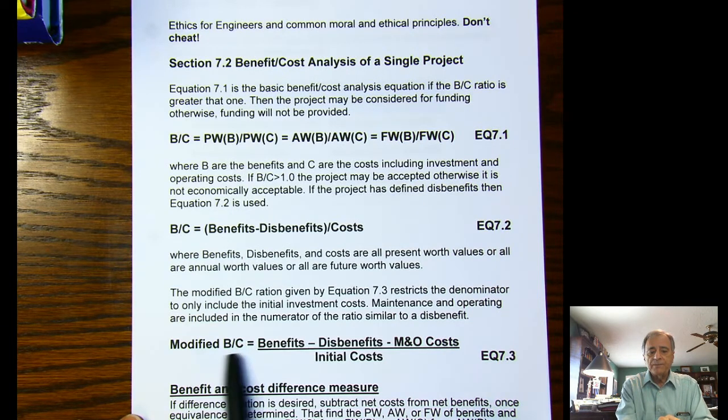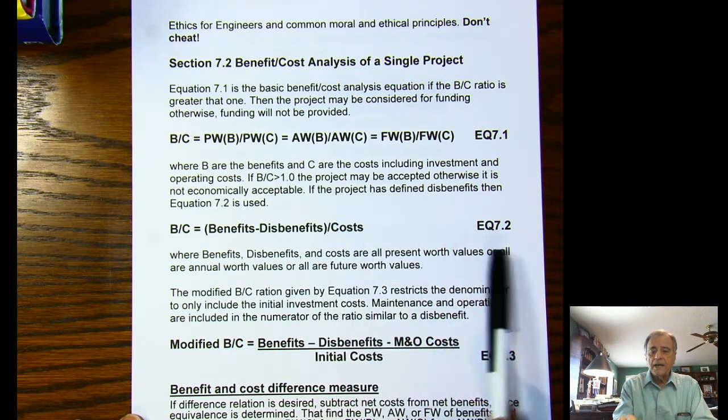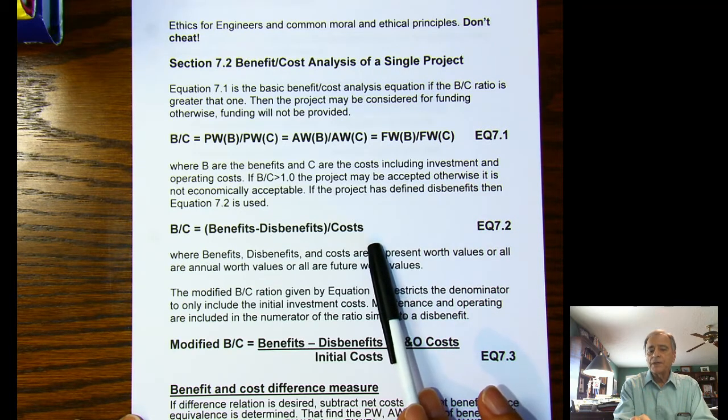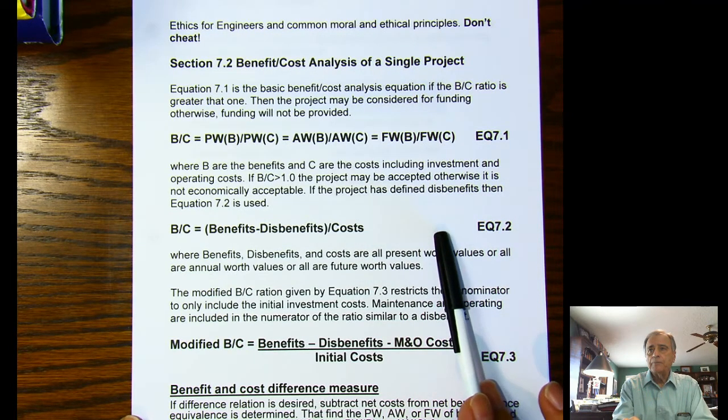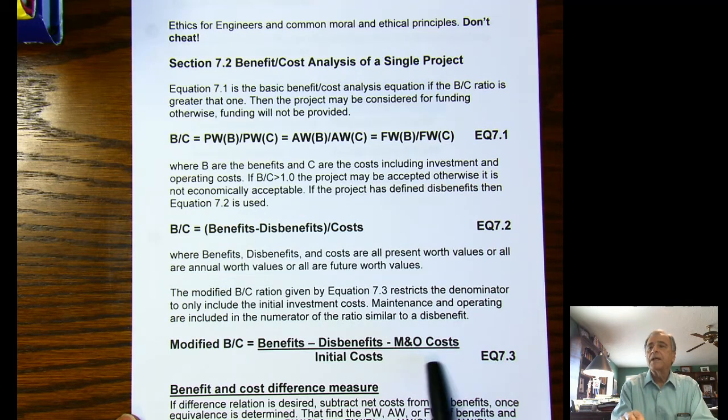The modified benefit cost ratio is modified from this one in that the cost in the denominator of equations 1 and 2 could include both initial and maintenance and operating or annual cost, whereas in the modified method only the initial cost is in the denominator. If there are maintenance and operating costs, they're treated similar to a disbenefit in the numerator.